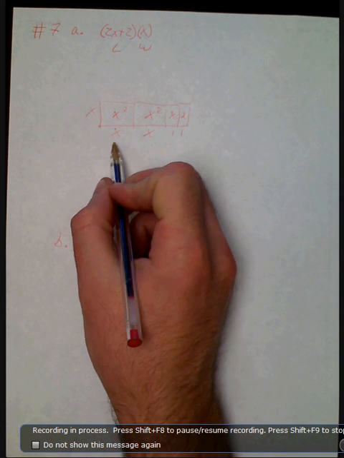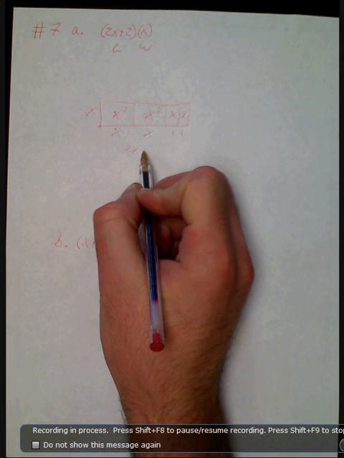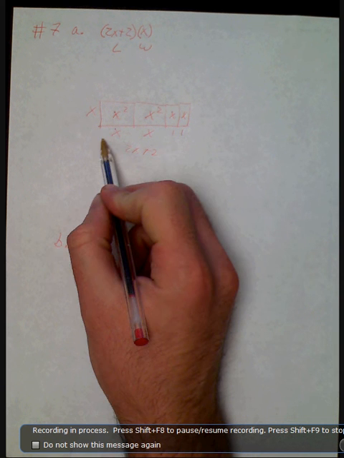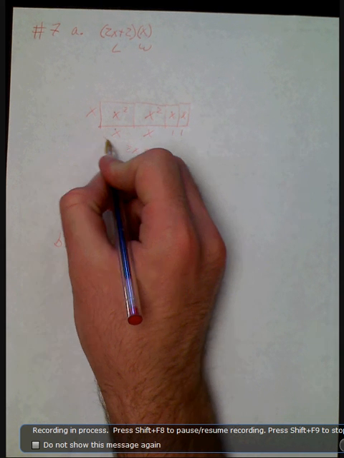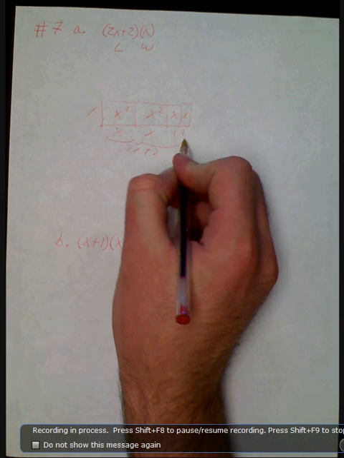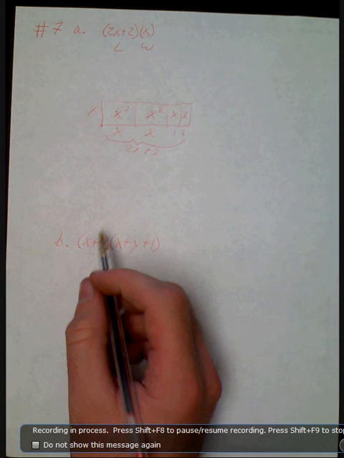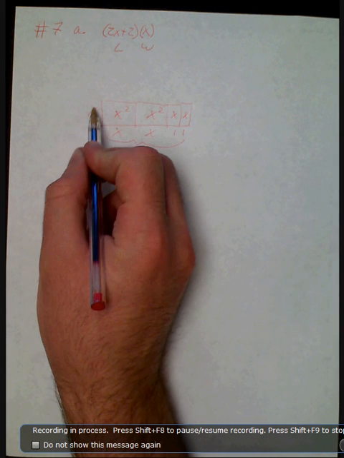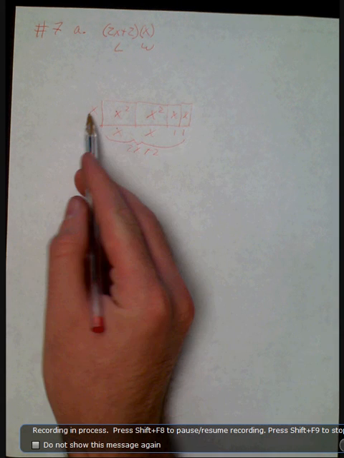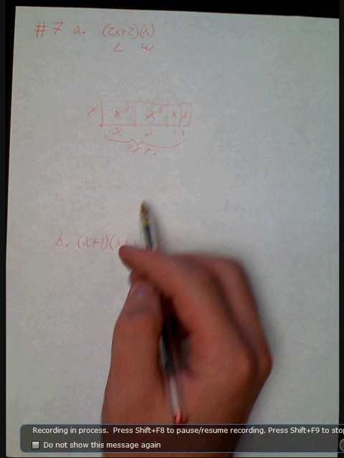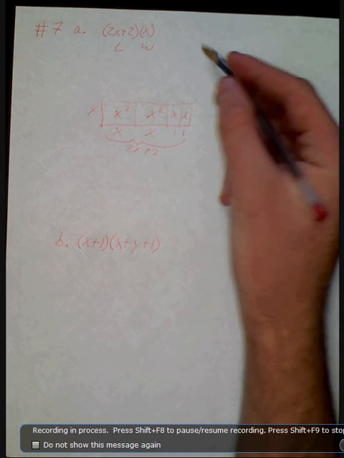This would be simplified to 2x plus 2 for this width. Okay, and this is the length; for this width over here is going to be x. And so we can look at this as two different things for the area.